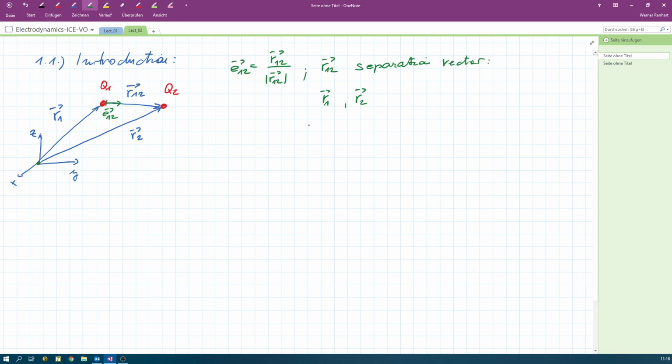If we have R1 and R2, then we always have to fulfill the triangle loop, R1 plus R12 equals R2. So you can reach this point Q2 directly via R2 or via R1 plus R12. We end up with the separation vector R12 equal to R2 minus R1.